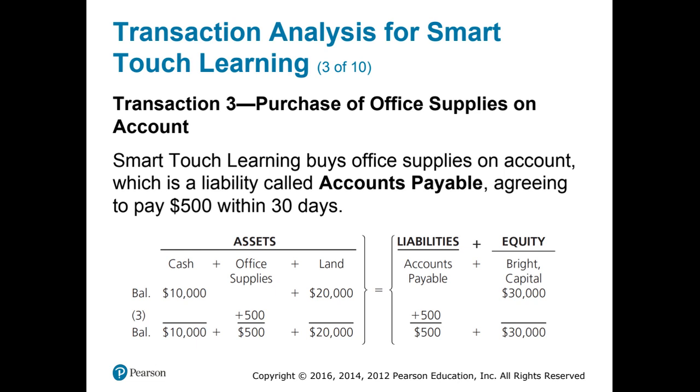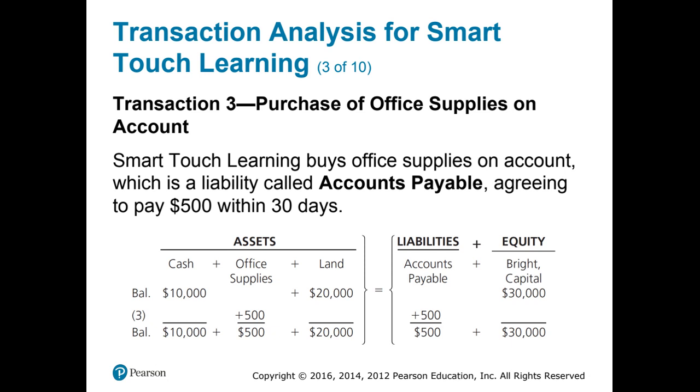We purchased office supplies, which are an asset. So our asset side increases by $500, because we purchased $500 of office supplies. And we purchased it on account, so our accounts payable account goes up by $500.